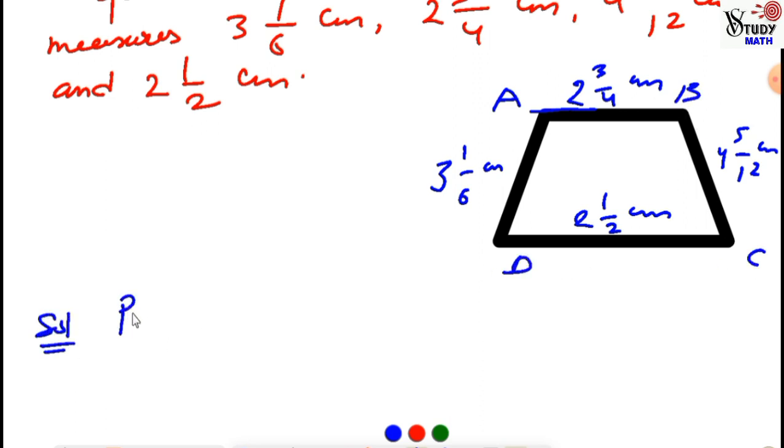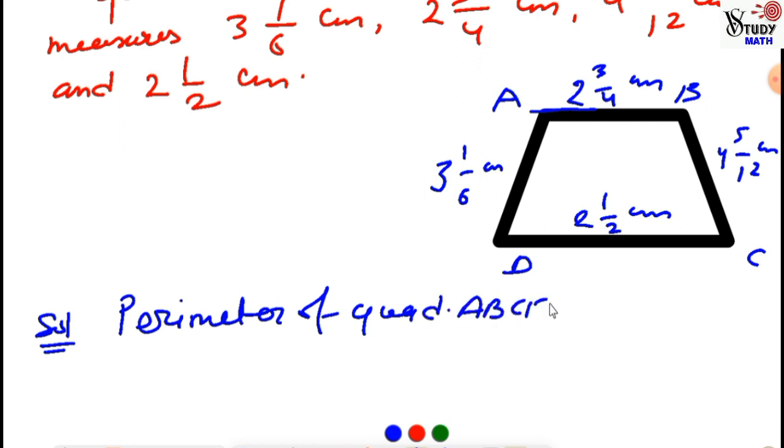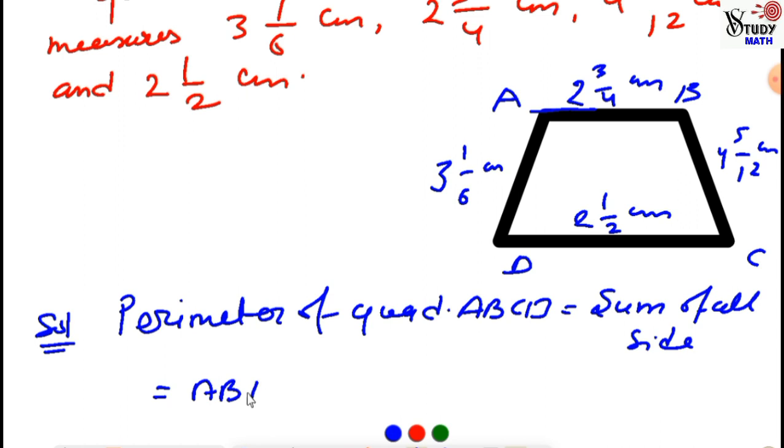Perimeter of quadrilateral ABCD will be the sum of all sides. That should be AB plus BC plus CD plus DA. Now put the value of these sides.